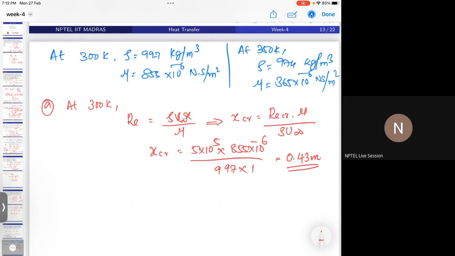First, you can check whether the entire length of the plate is laminar or laminar plus turbulent, by just putting the value of x equal to L in the Reynolds number. Okay, so can you please check what is the Reynolds number if you put x equal to L?